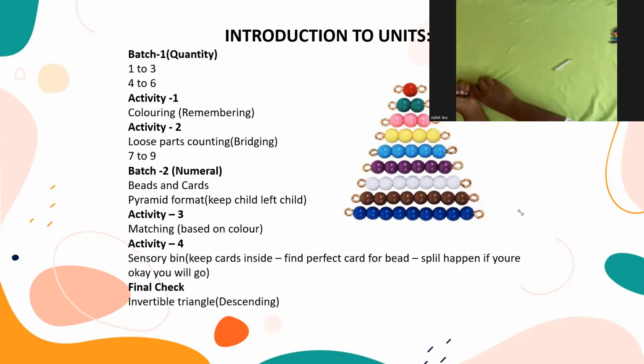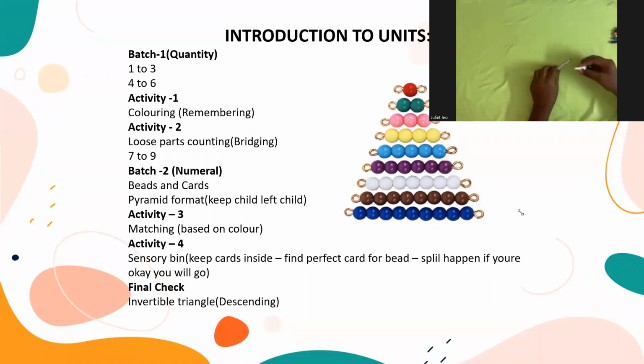And moreover, if we use pointers, some pen or some pointer to introduce the numbers here, the child can count 1, 2, 3, 4, 5, 6, 7, so that the child won't miss any bead.